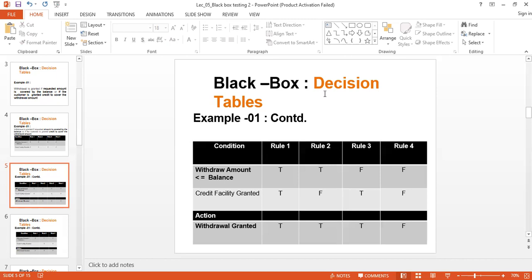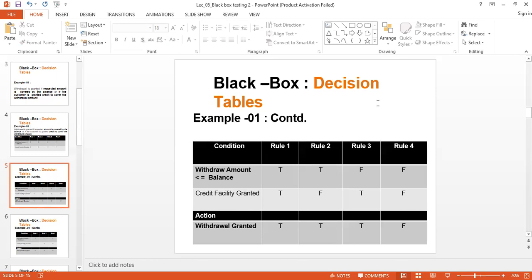So if I try to do all possible testing, I have to do testing 2 to the power 32 times. That is a very huge number.